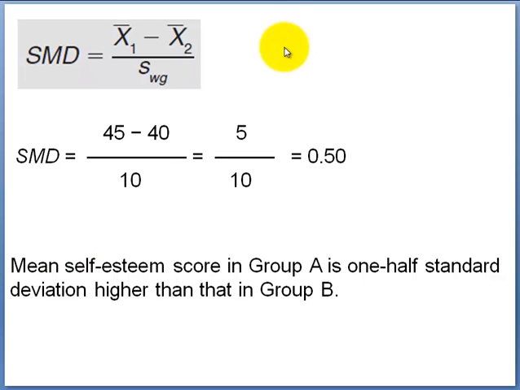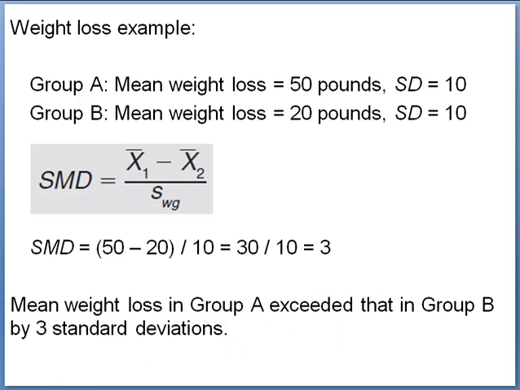So here's our formula, and here's our calculation of the standardized mean difference. The mean in the first group, 45, minus that in the second, 40, divided by the standard deviation within groups, computes to 0.50, which is to say that the mean self-esteem score in group A is 1/2 of a standard deviation higher than that in group B. And here's a second example.